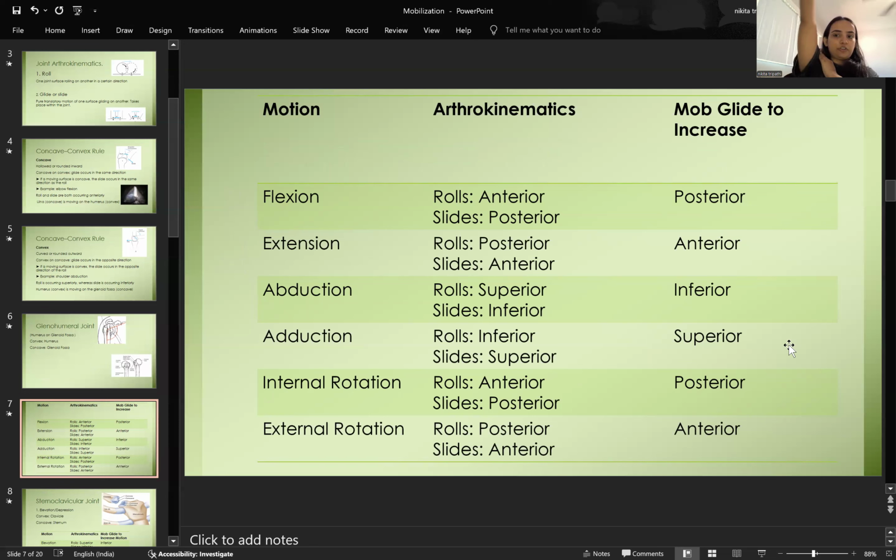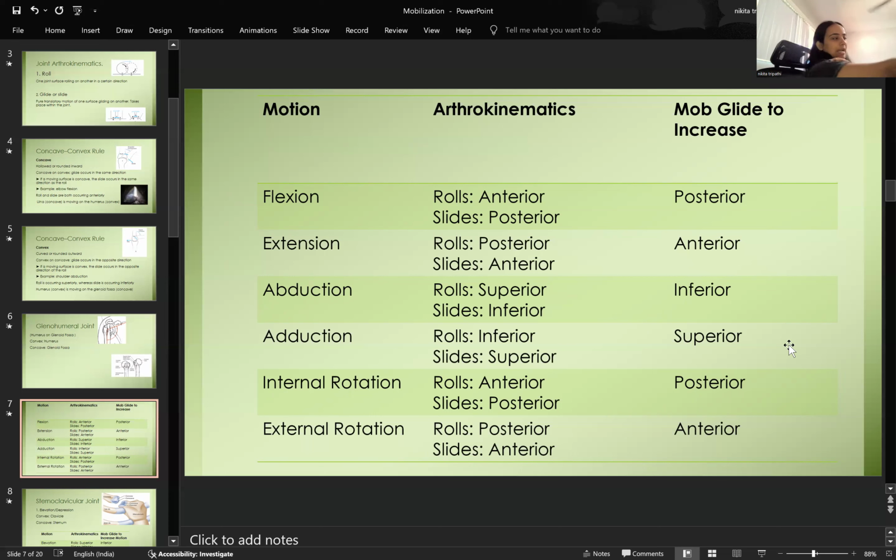The first is flexion. Look, I'm doing flexion. Now you tell me, where is my bone moving? In osteokinematic terms, my arm is moving anteriorly.